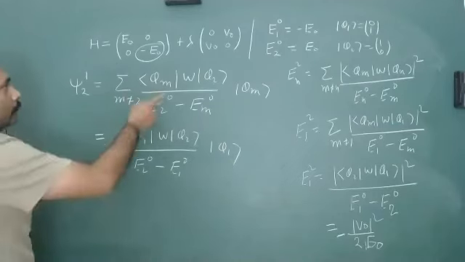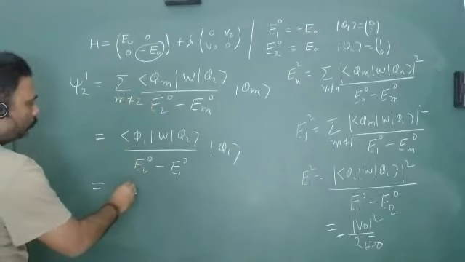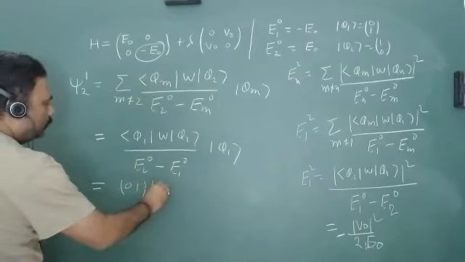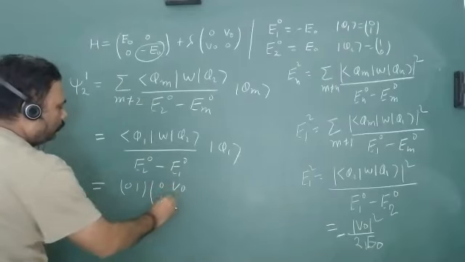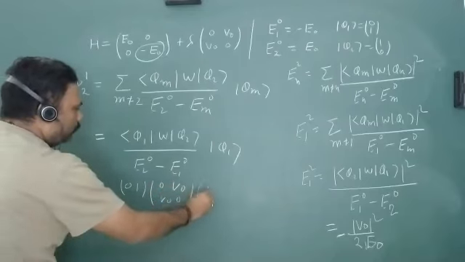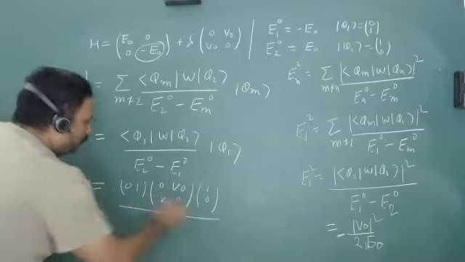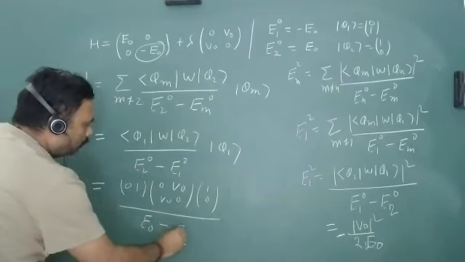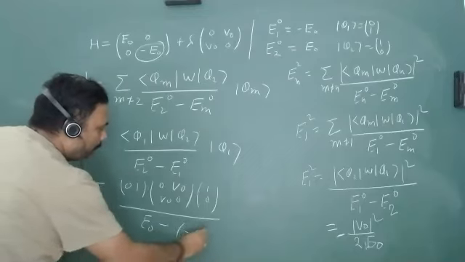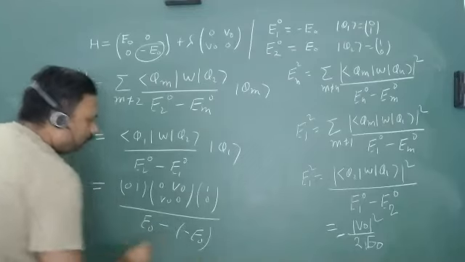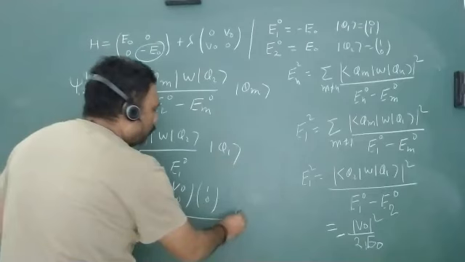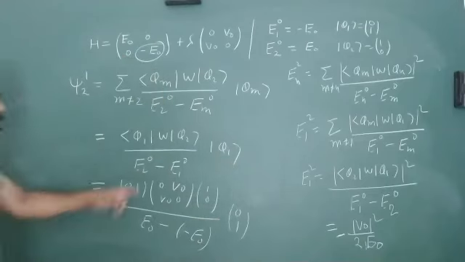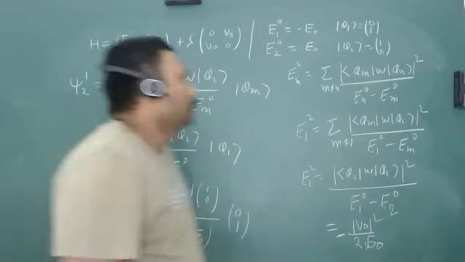Phi 1 is 0, 1, and this will be 0, V naught, 0, and this will be 1, 0. And here E20 is equal to E naught, E10 is minus E naught, isn't it? And phi 1 is 0, 1. And if you calculate all this, what is this value equal to?